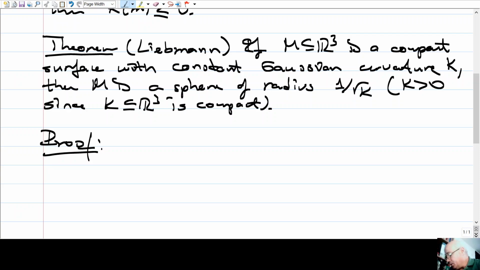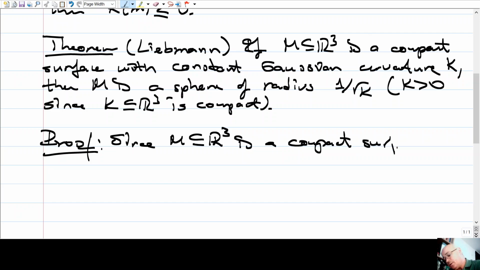Well, since M is a surface in R3, a compact surface, M is orientable.